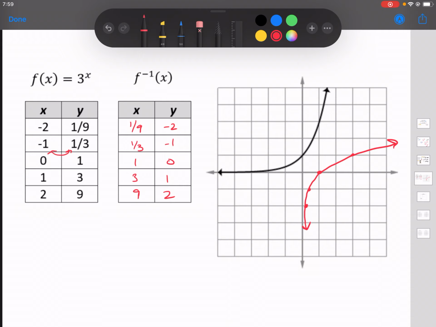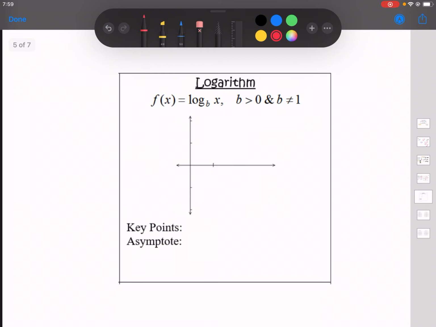So for exponentials, instead of having a horizontal asymptote at y equals 0, you're actually going to have a vertical asymptote at x equals 0, so right here. And this also makes sense because this is supposed to be a reflection over the line y equals x. And so that looks like a reflection. So when it comes to logarithms, since they're inverses, that means the key points just reverse.